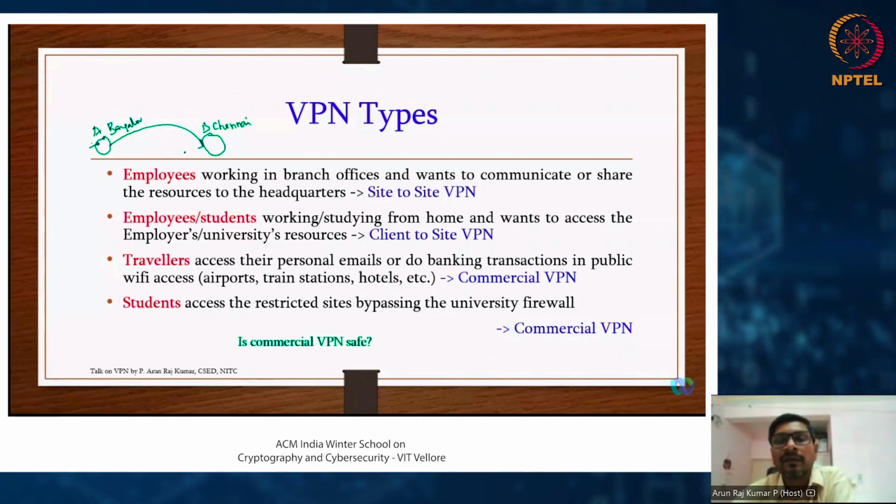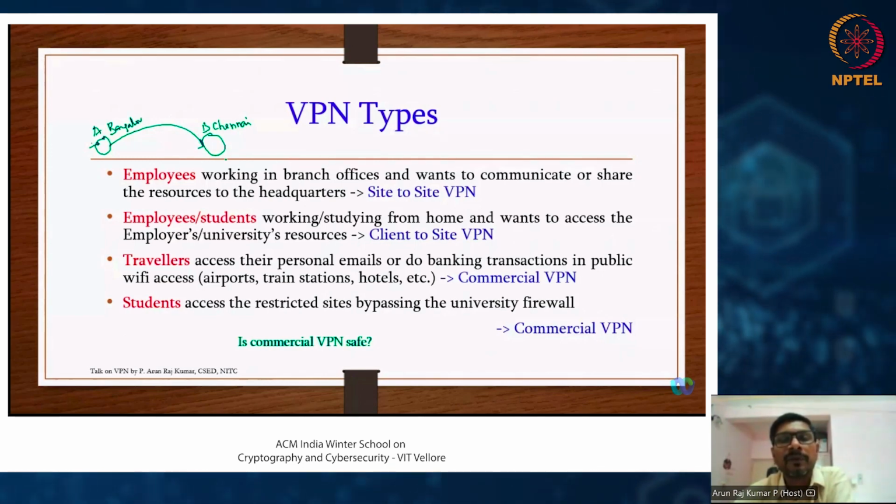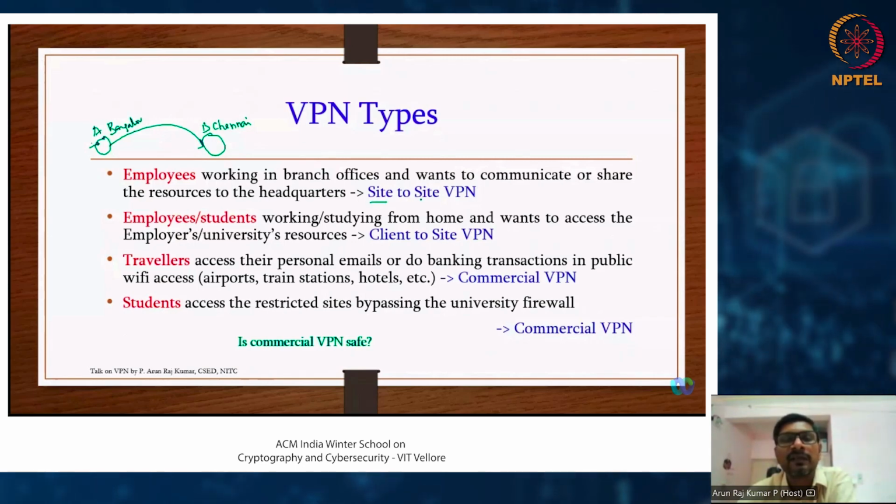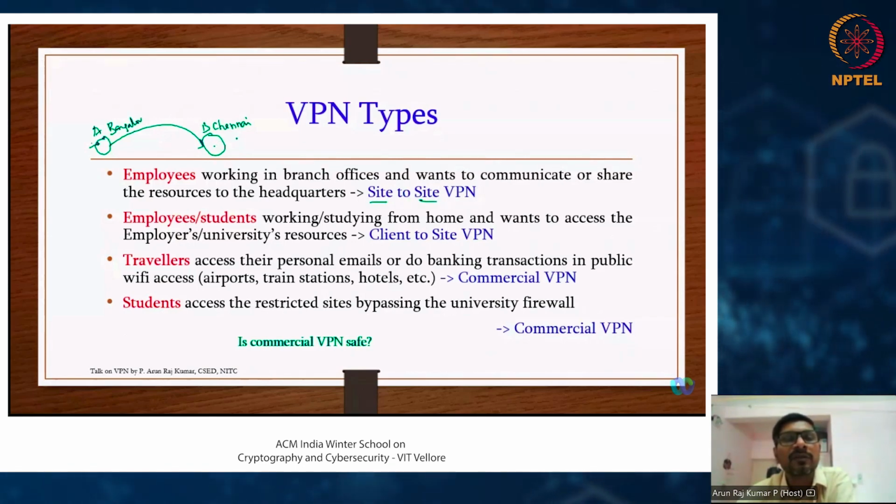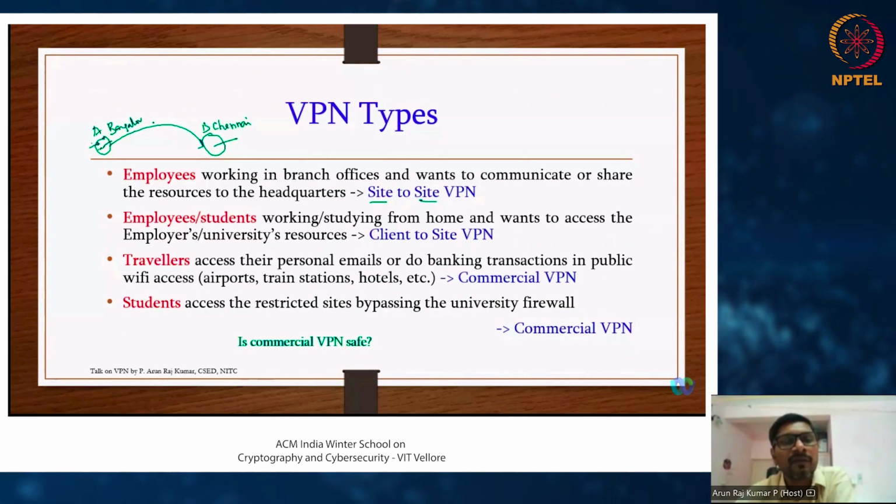Then they have to use a VPN type called the site-to-site tunnel, because these are headquarters or branch offices. They have to communicate through a public network, the internet, of course, but they still need to create a virtual private tunnel in the public network to have secure communication. This type of communication we call the site-to-site VPN.